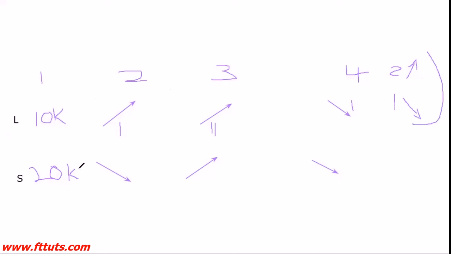Then on the sell side, you check the same thing. Decrease one, decrease two, increase one. So how many increases do you have? Only one. And decreases? Two.